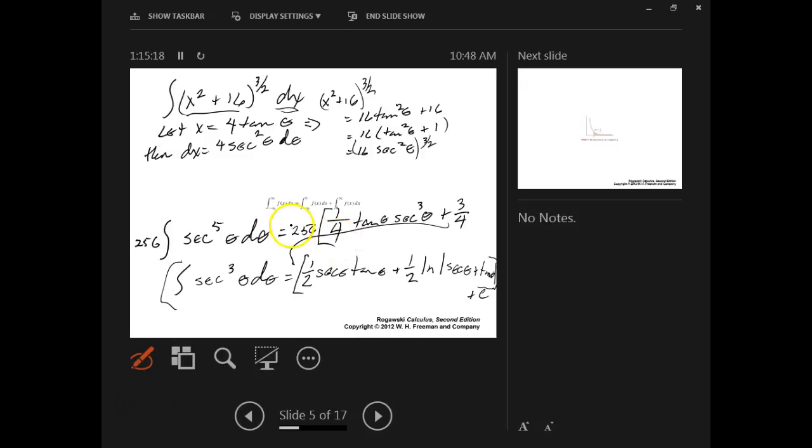So 4 will go into 256 64 times, right? So that's 64 tangent theta secant cubed theta, plus the 4 will go into that 64 times, but multiply 64 by 3, and you get 192.